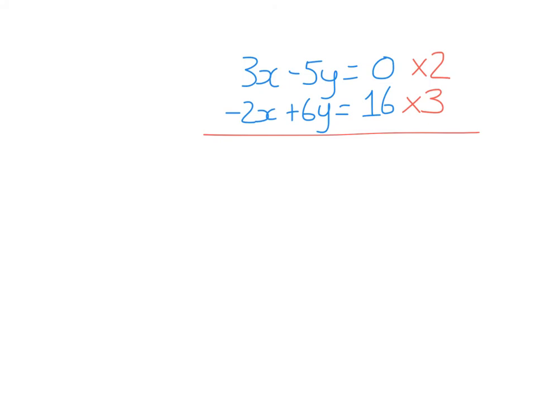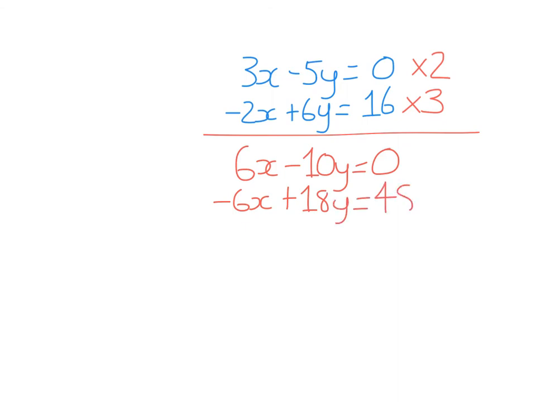So once again, remember, when I'm multiplying an equation by a number, I need to multiply everything in the equation. So the top equation becomes 3x times 2, minus 5y times 2, and 0 times 2. Bottom equation: minus 2x times 3, 6y times 3, and then 16 times 3.